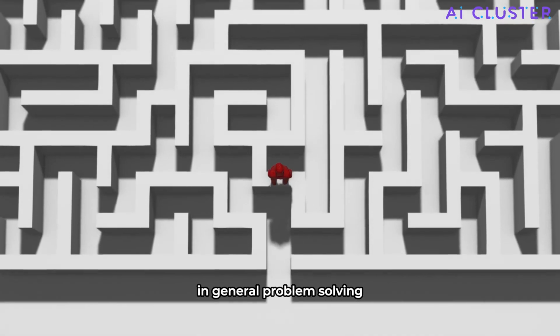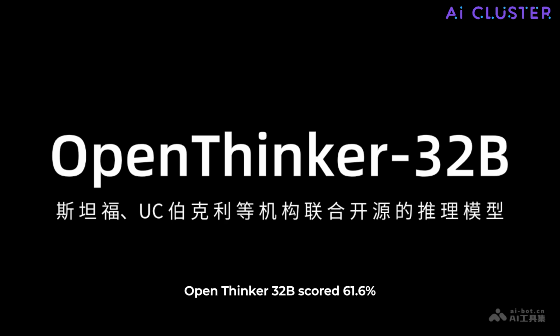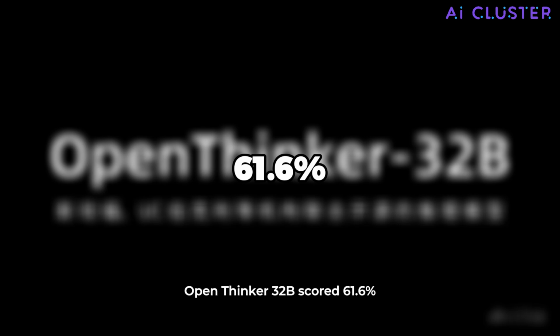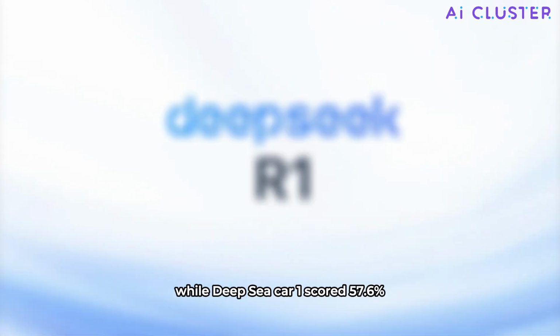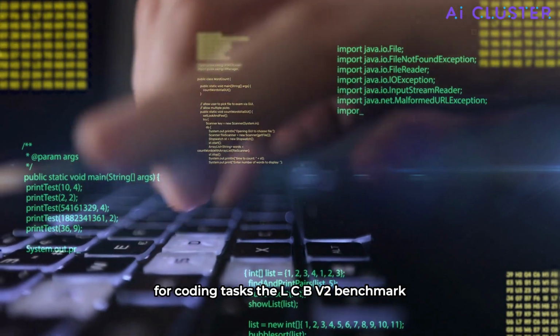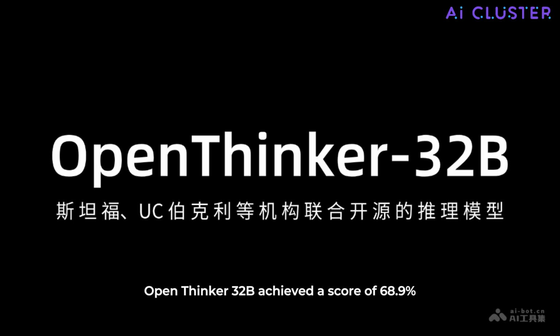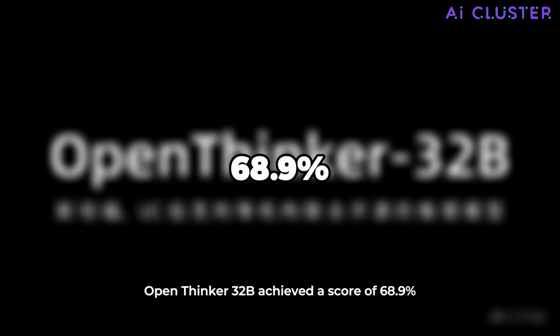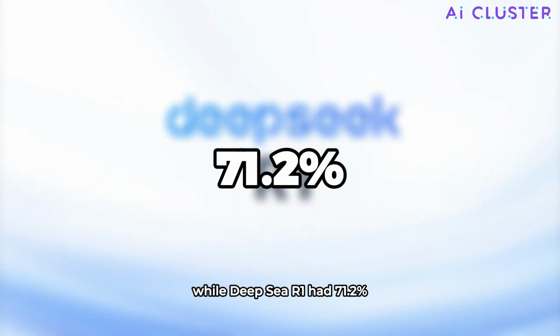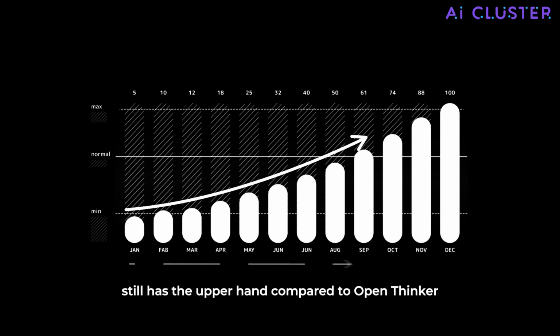In general problem solving, the GPQA-Diamond benchmark, OpenThinker-32B scored 61.6%, while Deepseek R1 scored 57.6%. For coding tasks, the LCB-V2 benchmark, OpenThinker-32B achieved a score of 68.9%, while Deepseek R1 had 71.2%. This is one area where Deepseek still has the upper hand compared to OpenThinker.